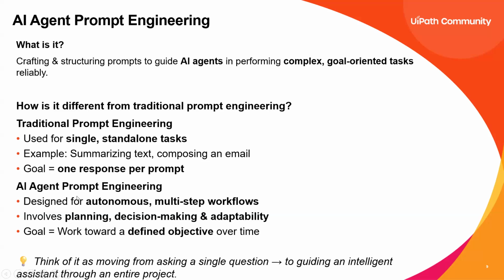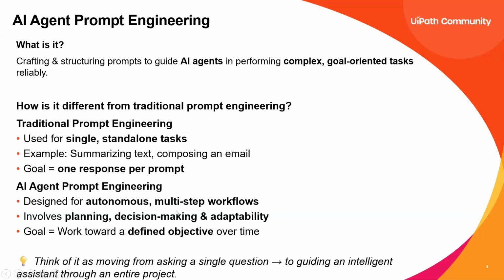But AI agent prompts are designed for autonomous and multi-step workflows, right? So you have to plan, and split that prompt into multiple subsections, like the planning stage, then the decision making stage, and then the adaptability stage. And then you have to clearly mention it step by step.